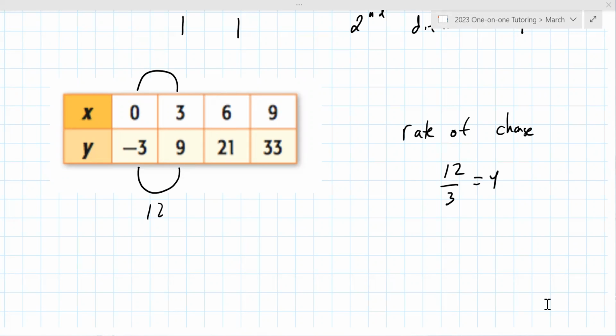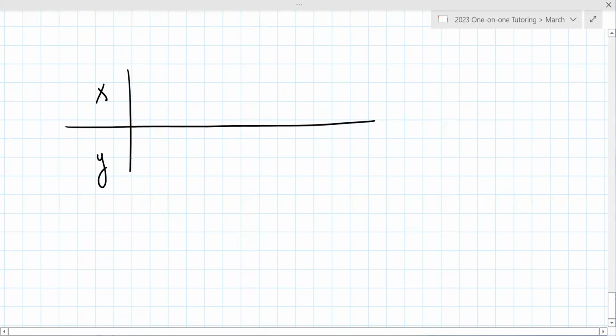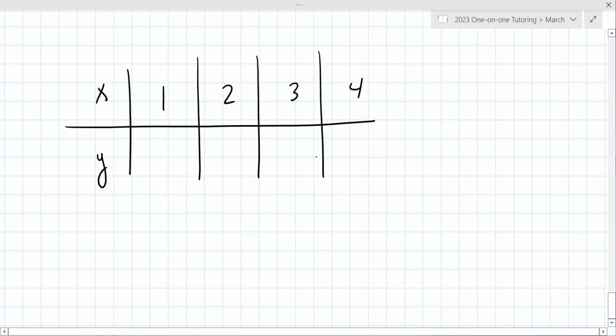So let me pose another one here. Let's say it's x, y: 1, 2, 3, 4, and 5, 5, 5, 5. Is this linear or nonlinear?